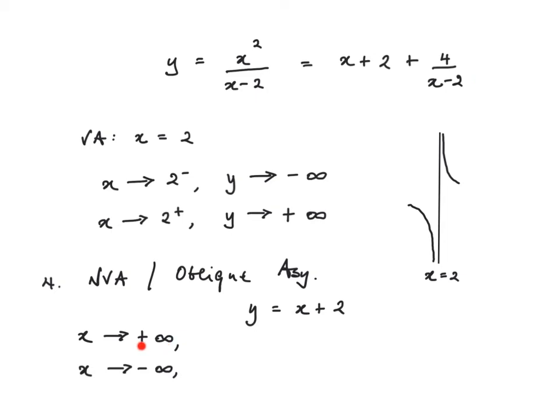So for very large positive values of x, going in here, the minus 2 is irrelevant. So we've got 4 divided by a large positive value. That's a very small positive value. That small positive value is being added on to x plus 2. So what we have then is that y tends to x plus 2 from above.